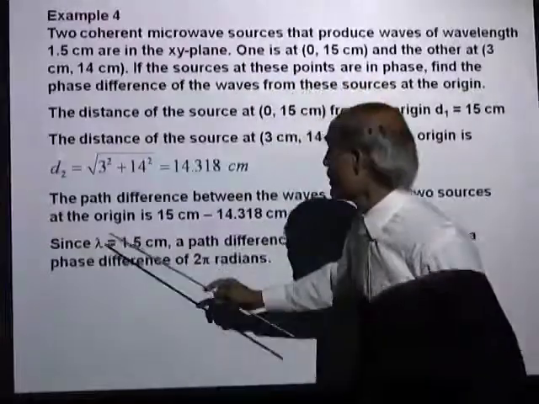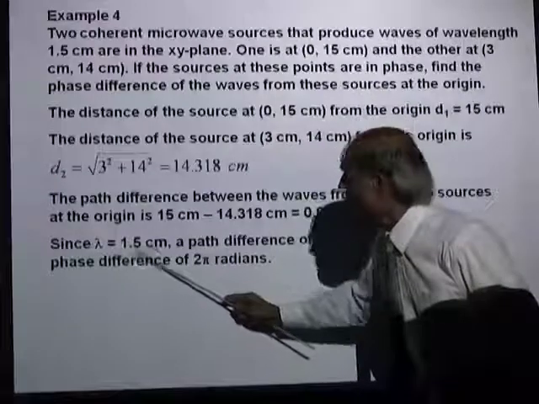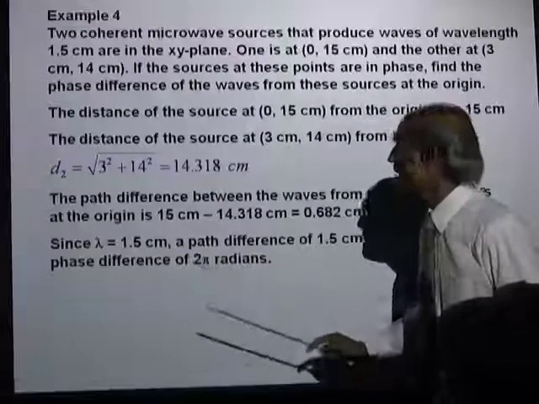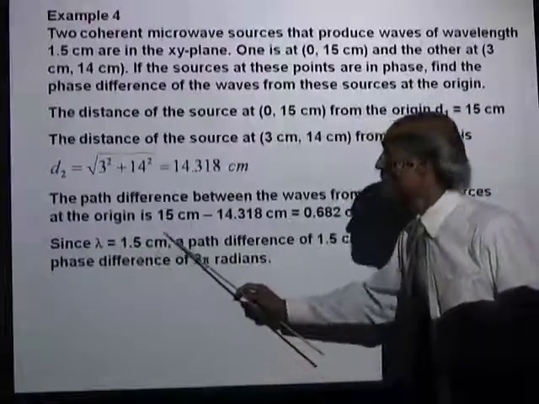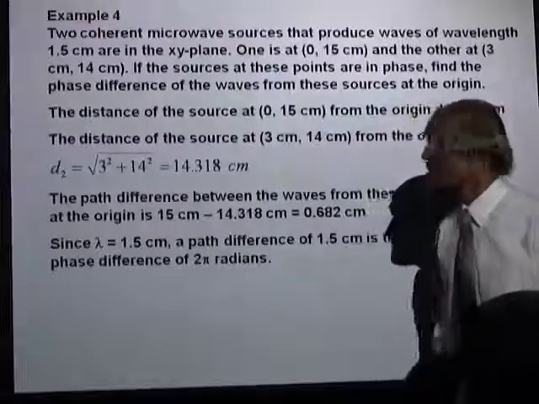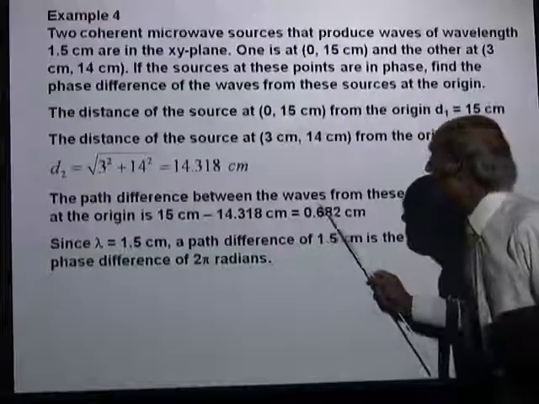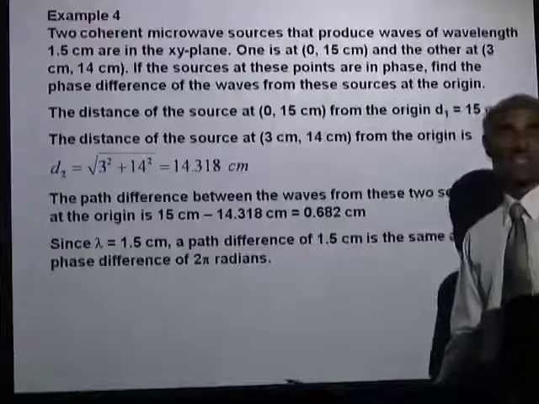And therefore, if a path difference of one wavelength is the same as a phase difference of 2 pi radians, that means in this case, a path difference of 1.5 centimeter is the same as a phase difference of 2 pi radians. What will be the phase difference corresponding to a path difference of 0.682 centimeter?